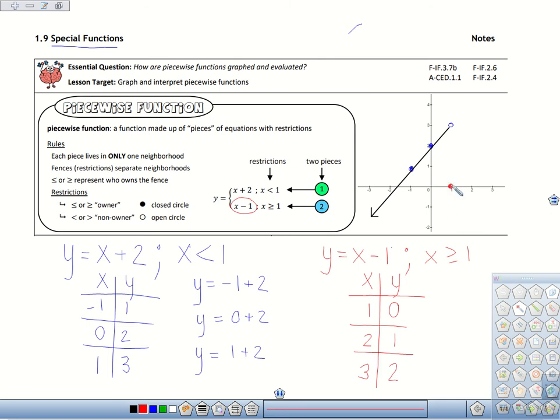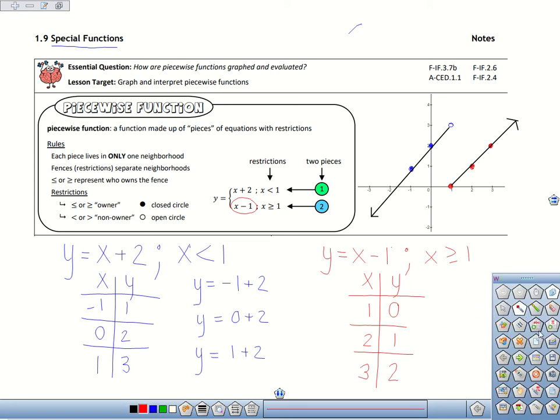Good job. And then we have 2, 1. And then we have 3, 2. And now we need to determine which way the arrowhead is going to go. In this case, x is going to be greater than 1, which means my arrow is going to the bigger numbers on the x, this way.